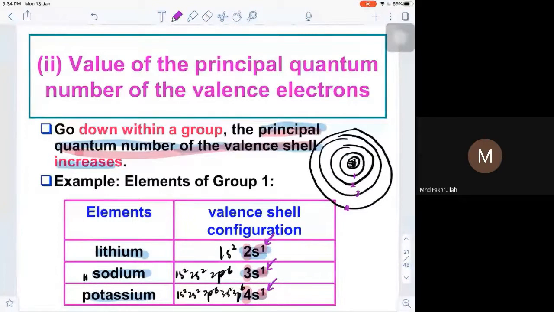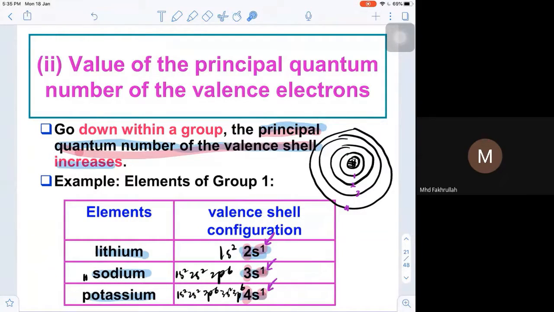So the further the electron is from the nucleus, the bigger the size. Okay, the bigger the size means that the electron will be further from the nucleus. So the further the electron from the nucleus, the weaker the attraction between that electron and its nucleus.